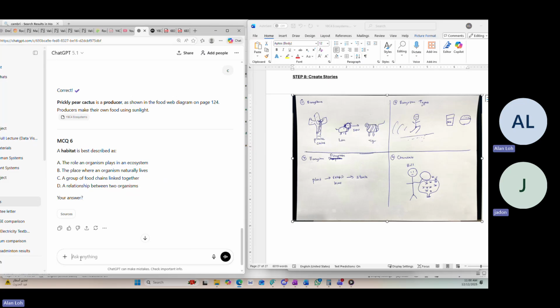And the answer is a place where a group of food chains linked together. Which one? A, B, C, D?